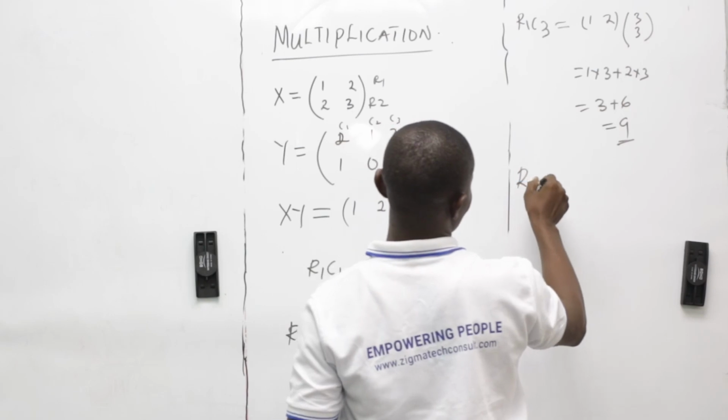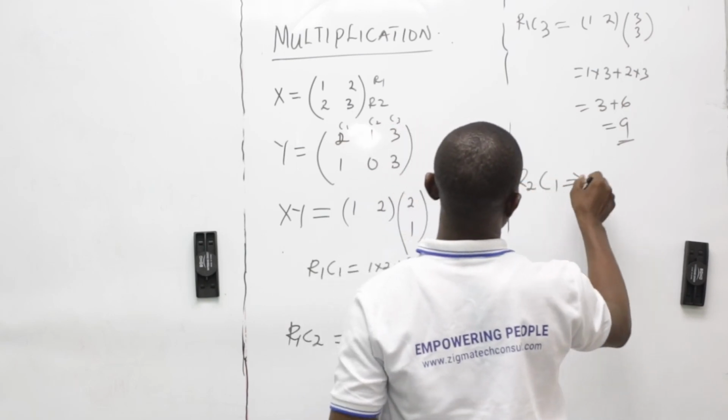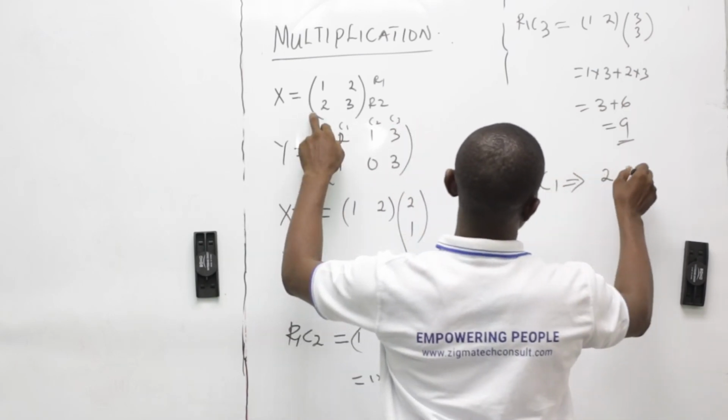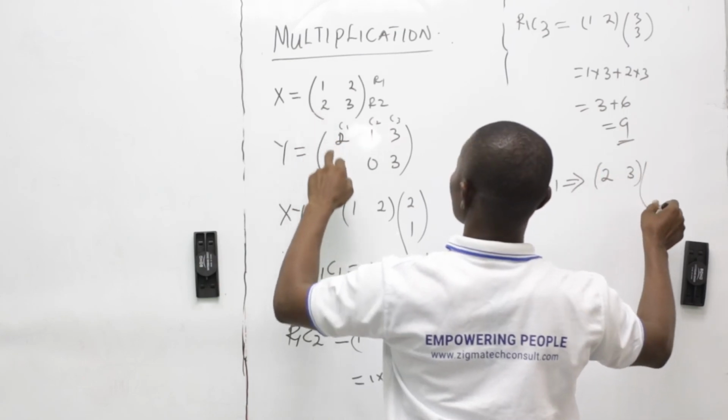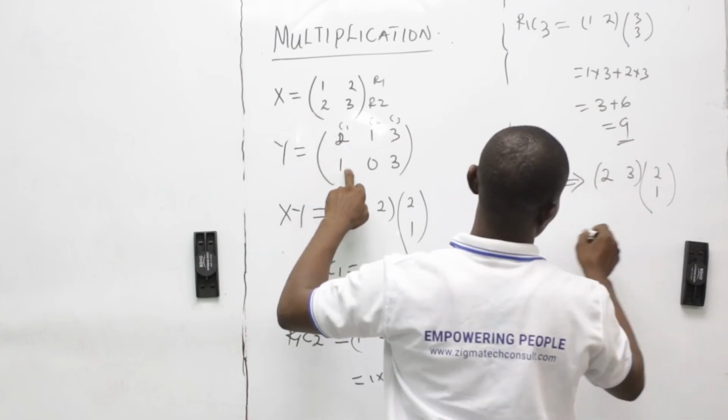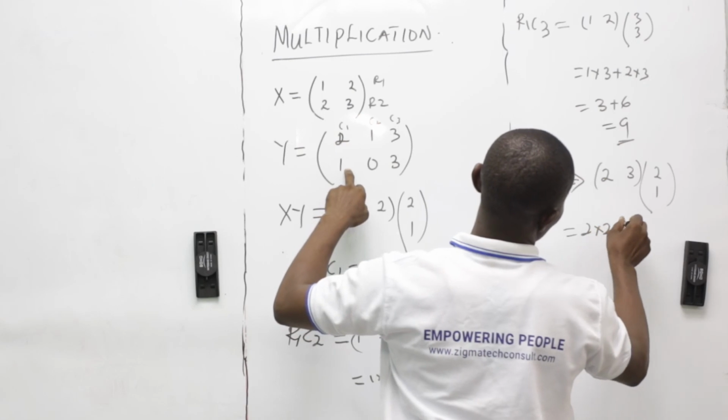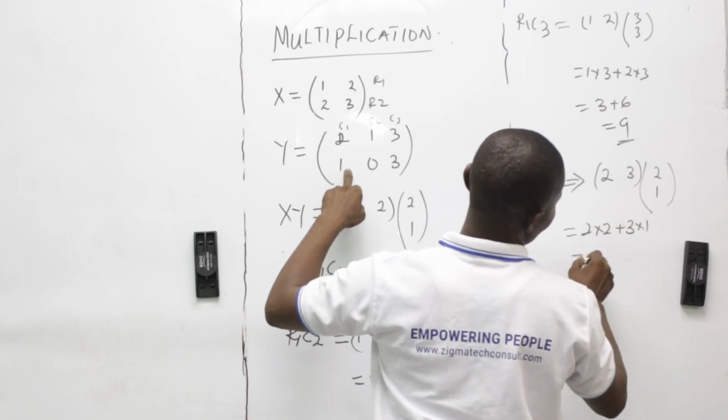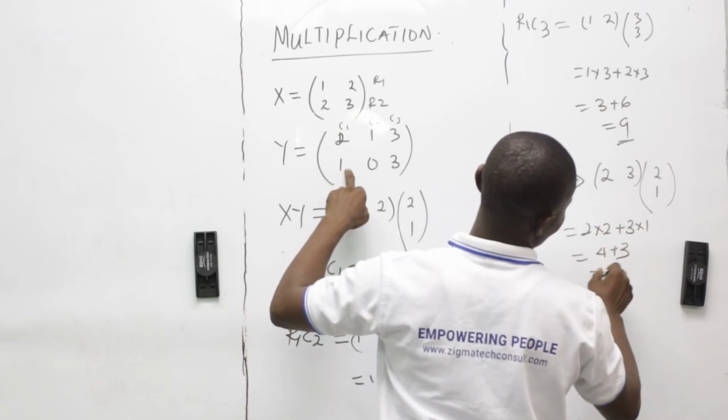Now row 2, column 1 implies 2, 3 against 2, 1 to give us 2 times 2 plus 3 times 1 equals 4 plus 3, that's 7.